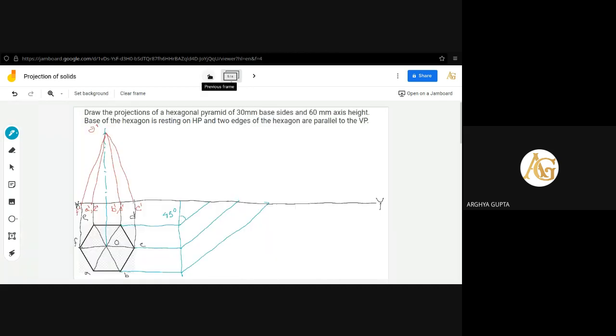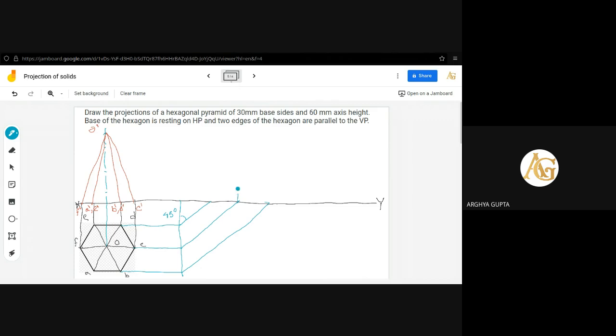So the concept is that while we are drawing a 45-degree inclined line, it means we are using a 45-degree inclined mirror to rotate the object by 90 degrees. That's why the 45-degree lines are drawn, because to rotate the view or to get the shadow at 90 degrees, the mirror is to be located at 45 degrees.